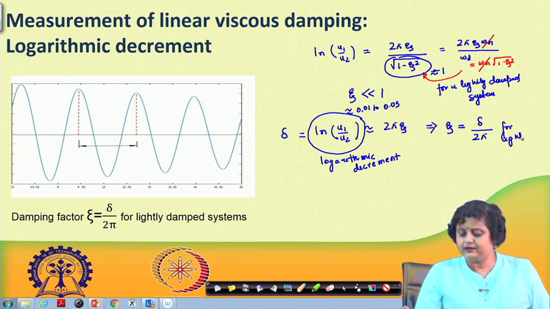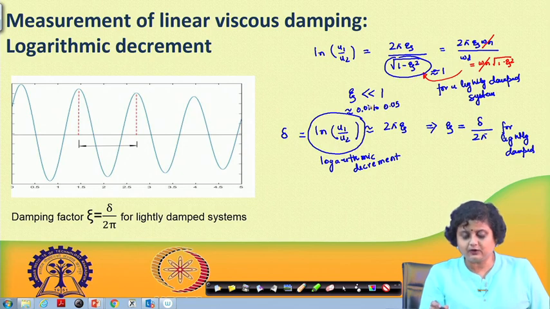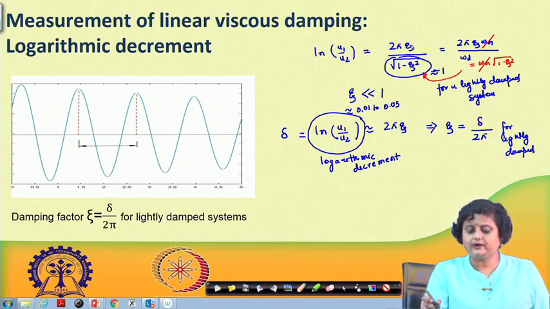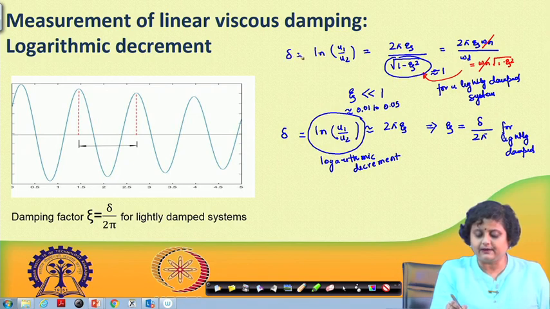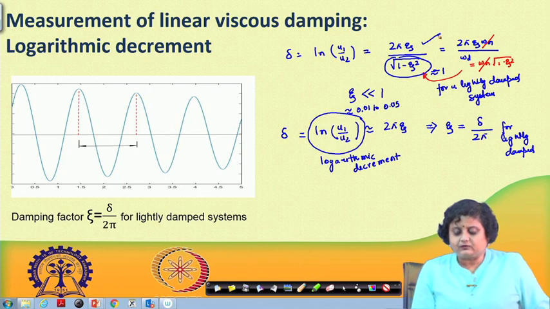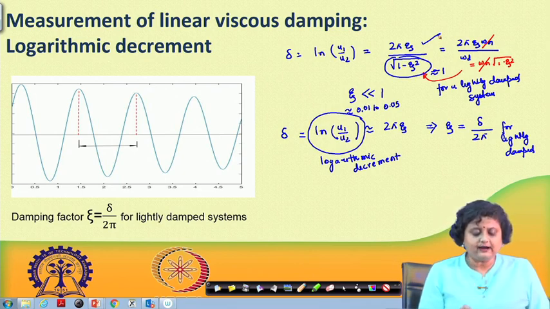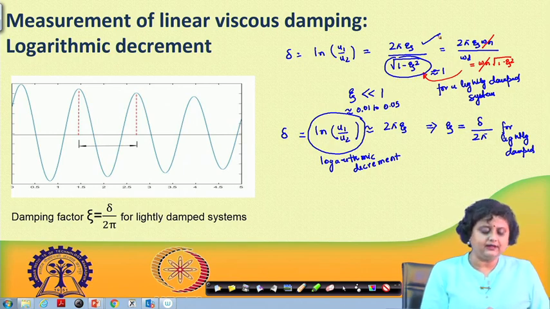So, even if the system is not lightly damped, if we cannot say that zeta is very much less than 1, but of course less than 1, then also we can find out zeta in terms of logarithmic decrement by solving this equation. Okay.